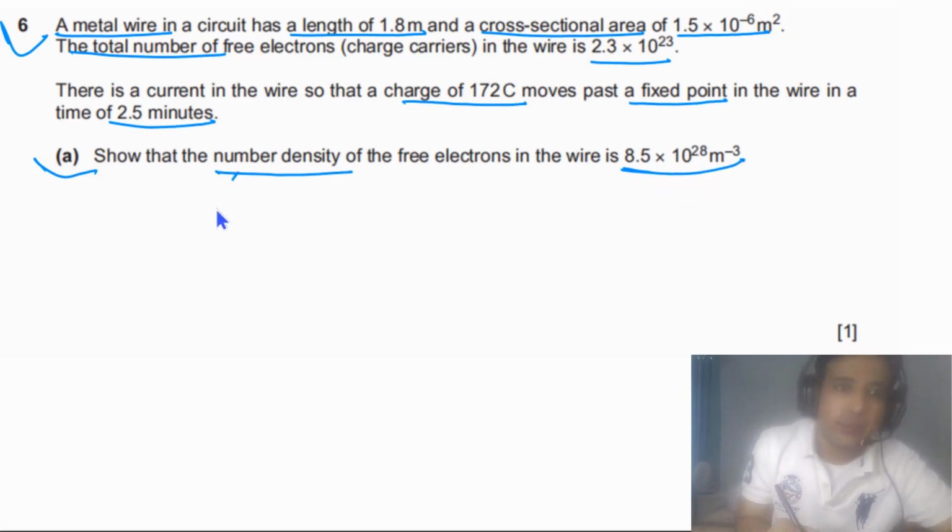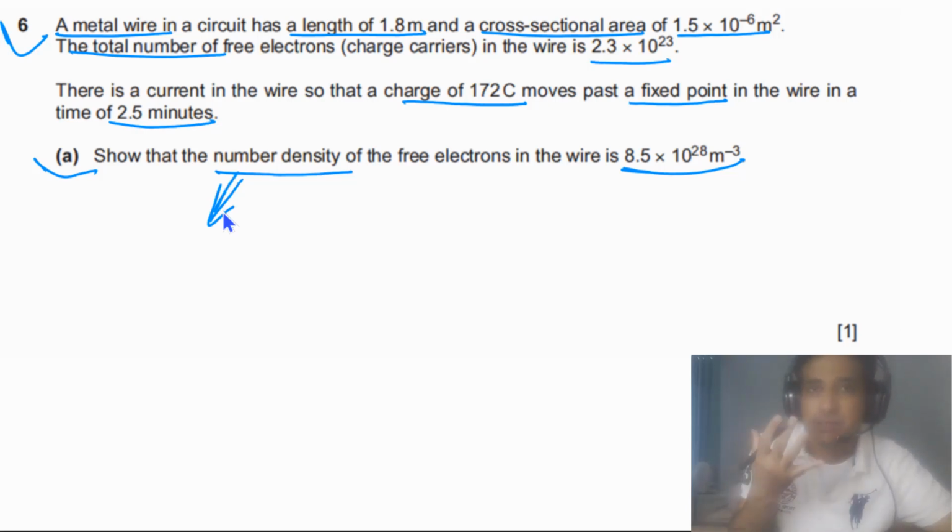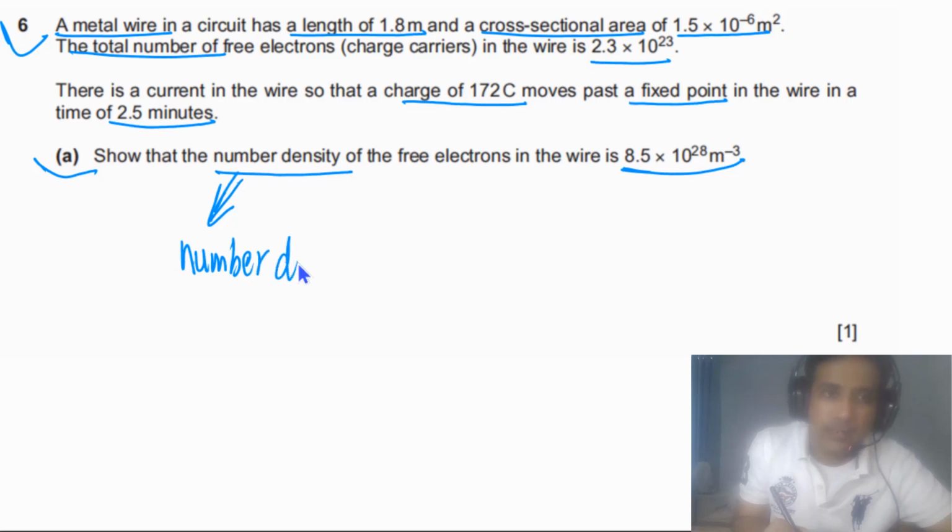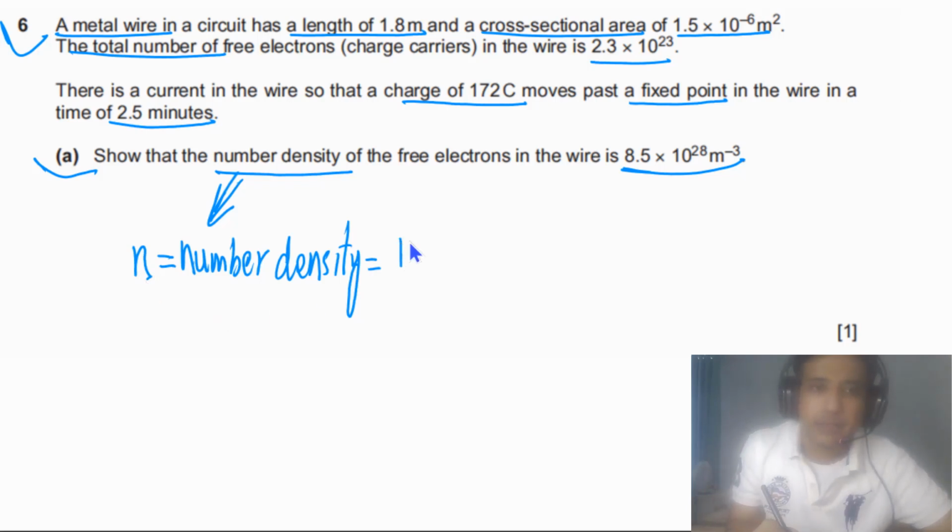Number density. First of all, let's try to understand what number density is. Number density is simply equal to the number of free electrons per unit volume. You need to be very clear about this one. We denote number density with the letter small n. Number density is equal to the number of free electrons per unit volume.